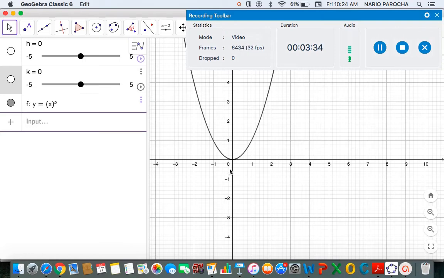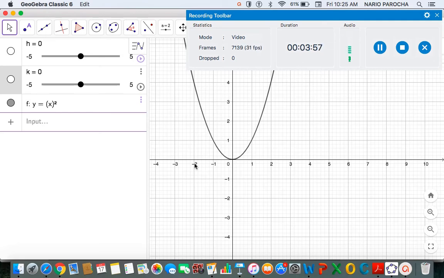The parabola will be shifted to the right. And moving the slider to the left, you are going to add h units to the variable, and the parabola will be shifted to the left.